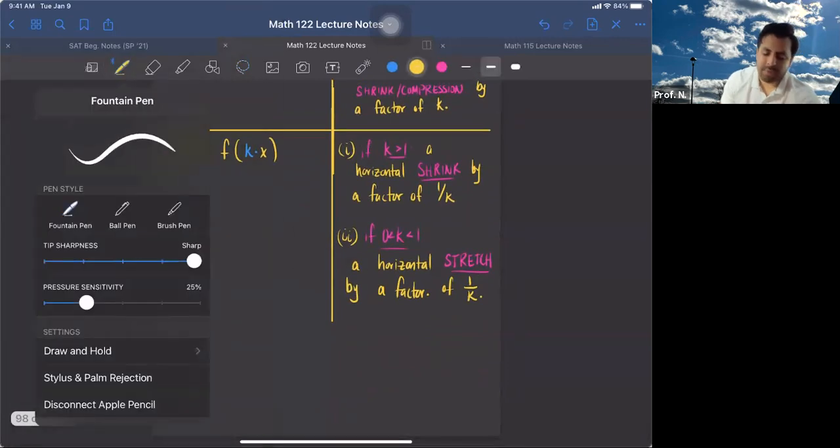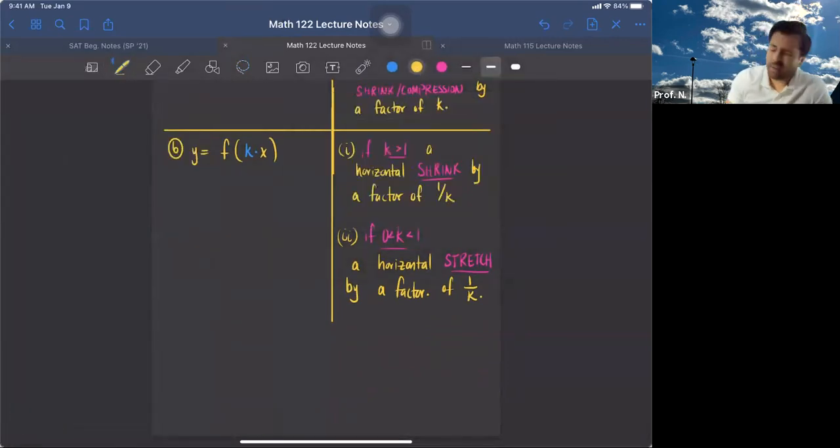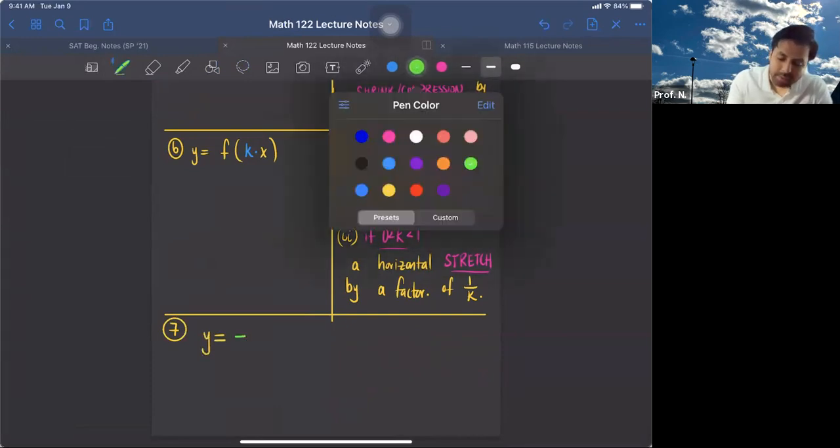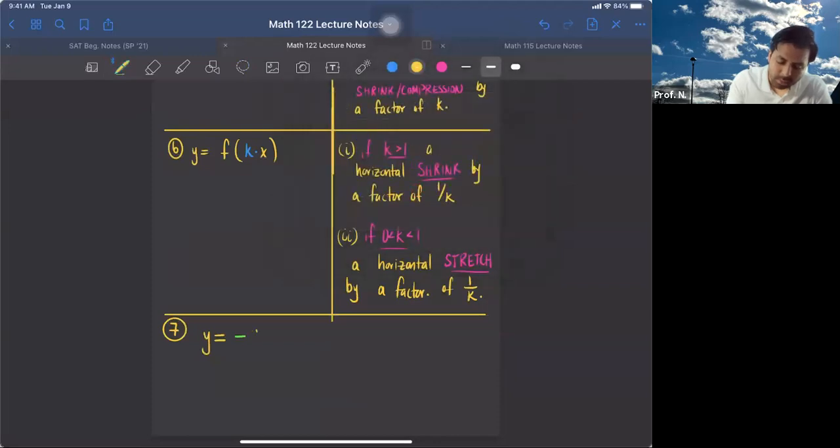And then we have two more, and I think we're done with the commands for transformations. There's only two more left, and they deal with reflection commands. So for example, if I have a function, and the moment I put a negative in front, does anybody know what's the effect?